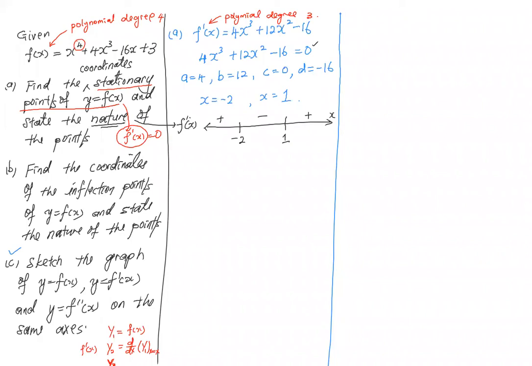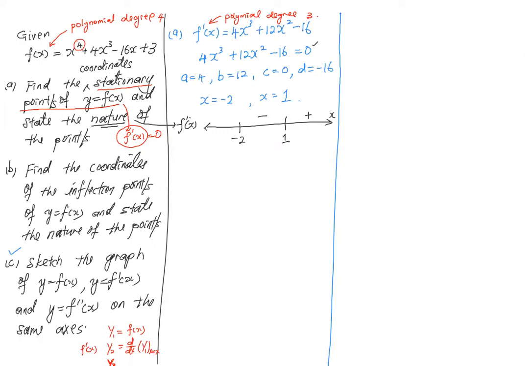So you get plus and minus. Is my sign correct? Yes. Negative, negative, positive. You're right.